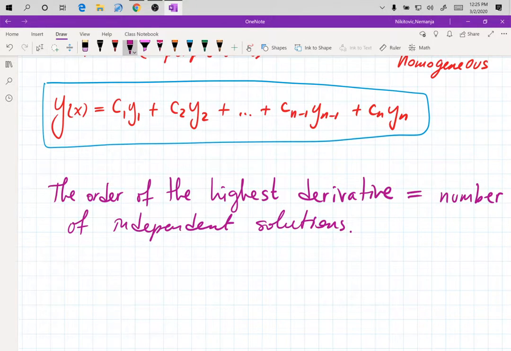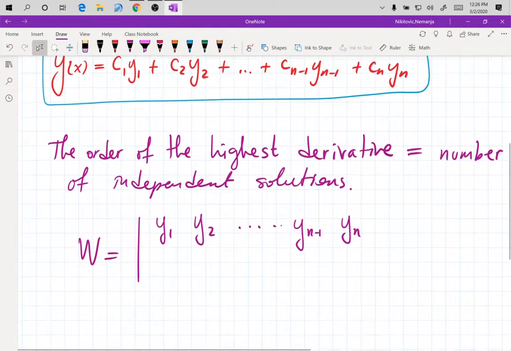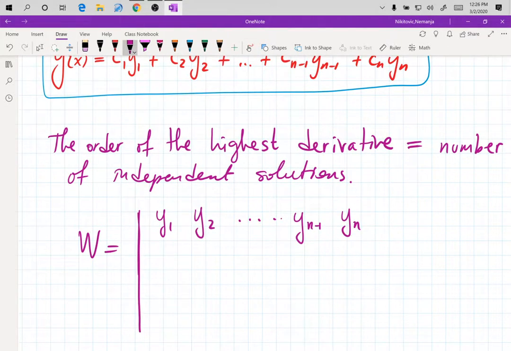So the Wronskian now is going to have y1, y2, dot, dot, dot, all the way to y n minus 1, yn, but that's just the first row.